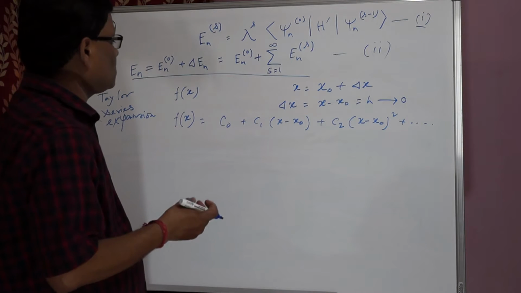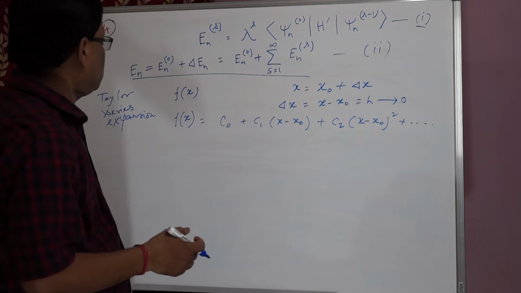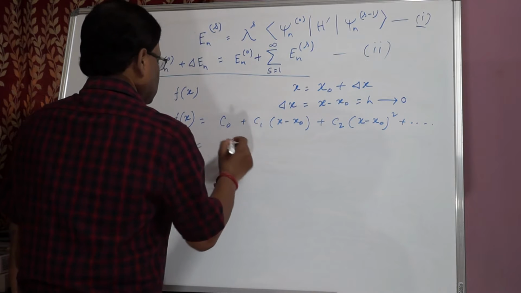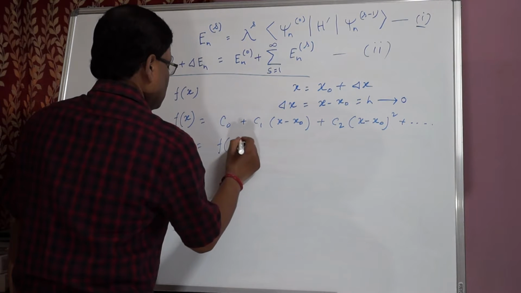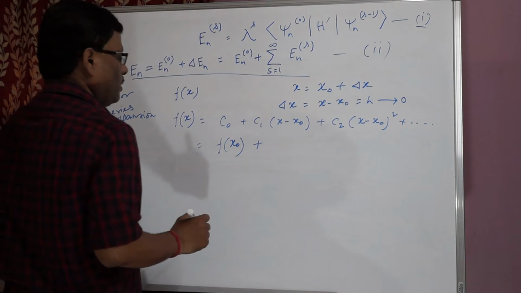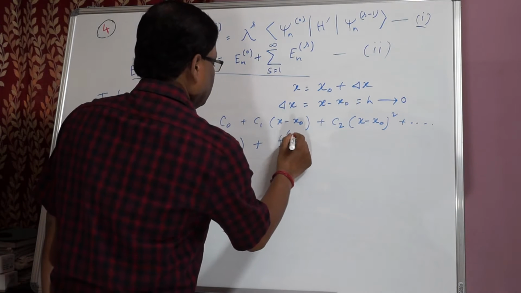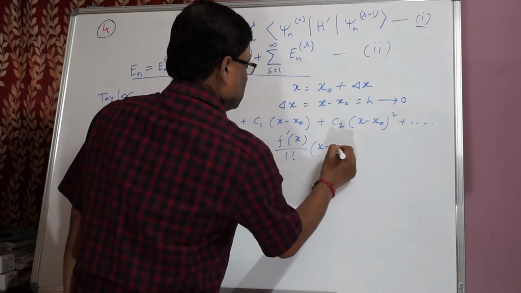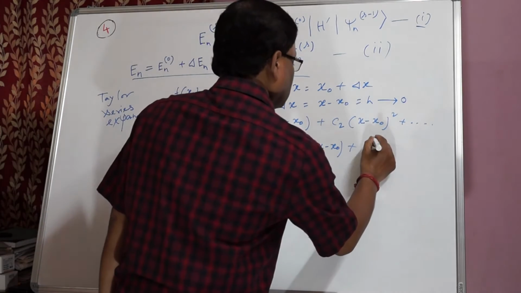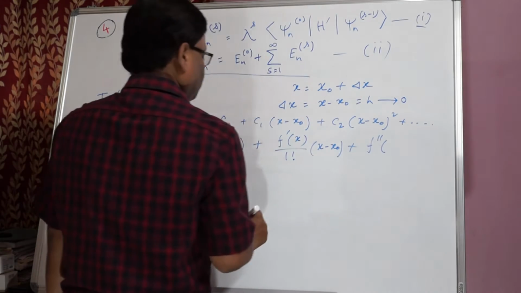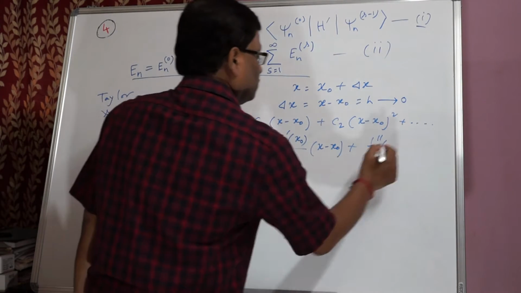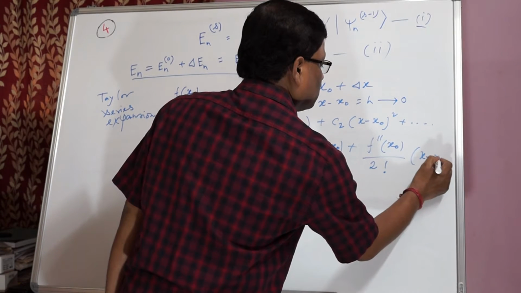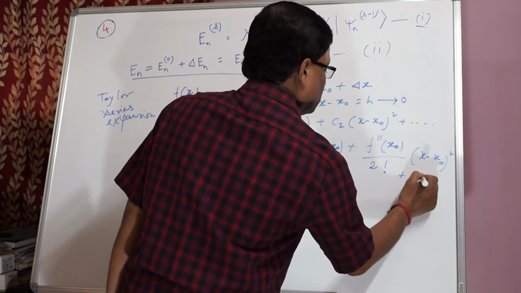Using these values of C0, C1, C2, etc., these coefficients, we can write f(x) as: f(x0) plus f prime (x0) by 1 factorial (x minus x0) plus f double prime (x0) by 2 factorial (x minus x0) squared, and so on.